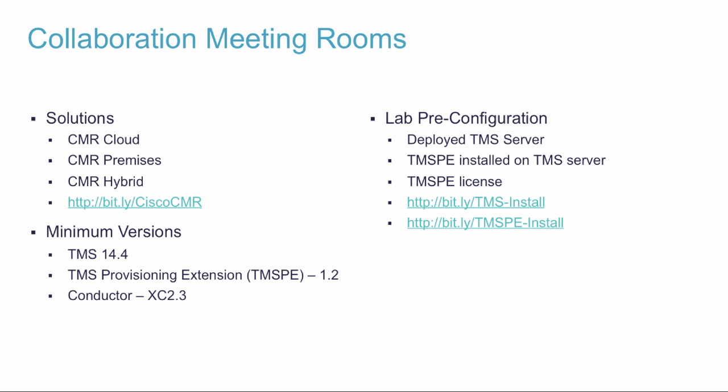Alright, so let's discuss the next part of this video, which is setting up collaboration meeting rooms, or CMRs. What CMRs do is they give everyone in your organization a personal video collaboration room, and these can be accessed from mobile devices, desktops, room systems, and you can access them from on premises or off.